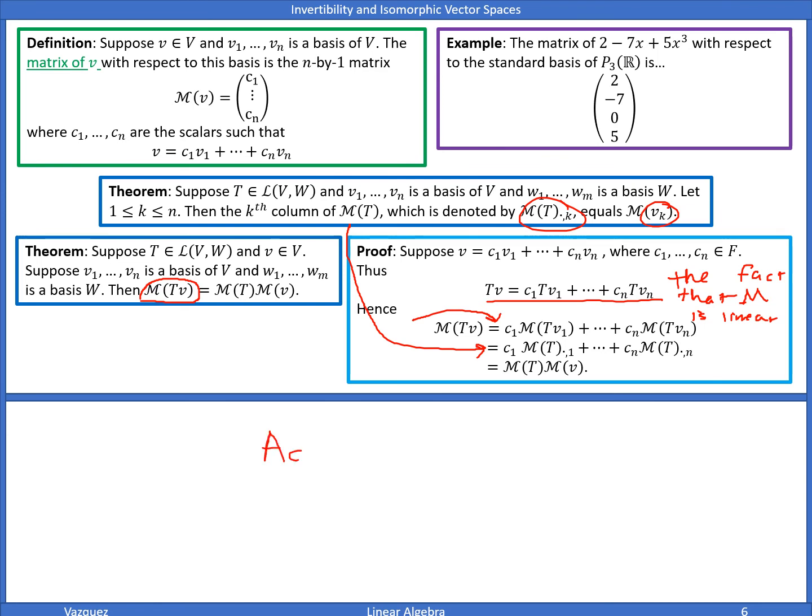So if we had Ac, that was equal to c1 times A dot 1 plus dot dot dot cn A dot n. So that's how we went from this to here. And we get that our theorem is proved.